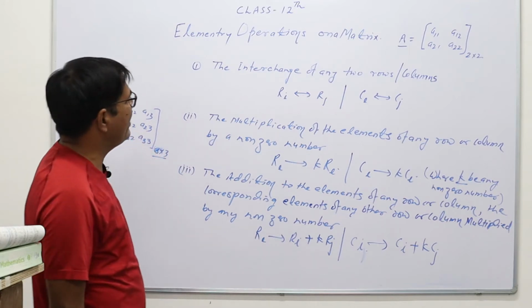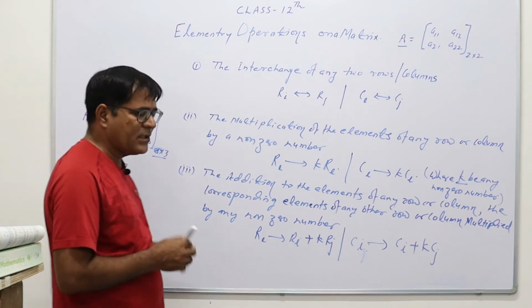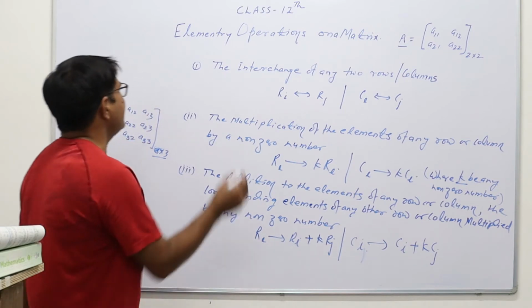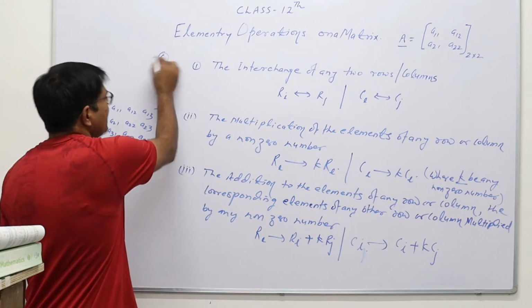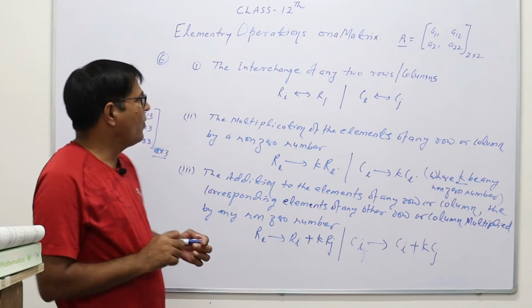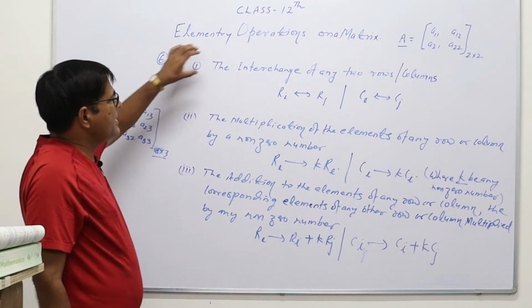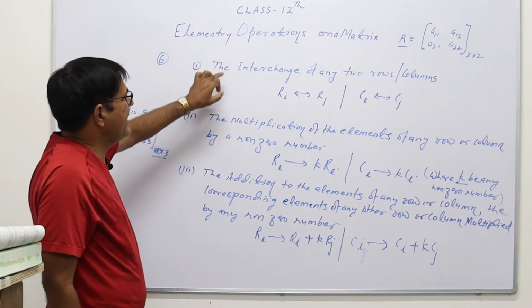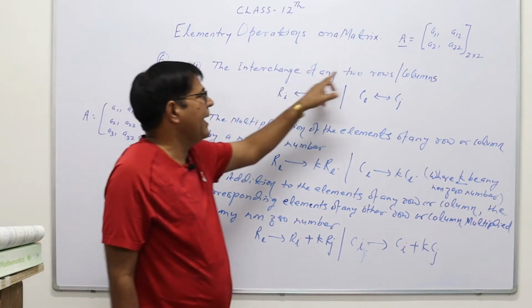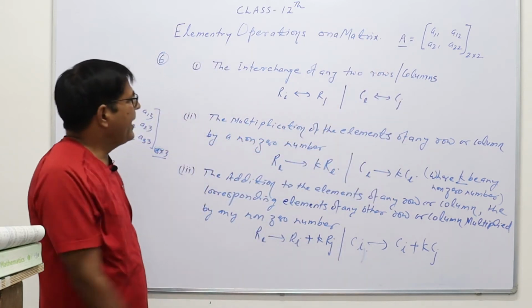First of all, we will discuss what the basic elementary operations are. There are basically 6 elementary operations, 3 on the rows and 3 on the columns for a square matrix of order 3 by 3. The first elementary operation is the interchange of any 2 rows or columns.